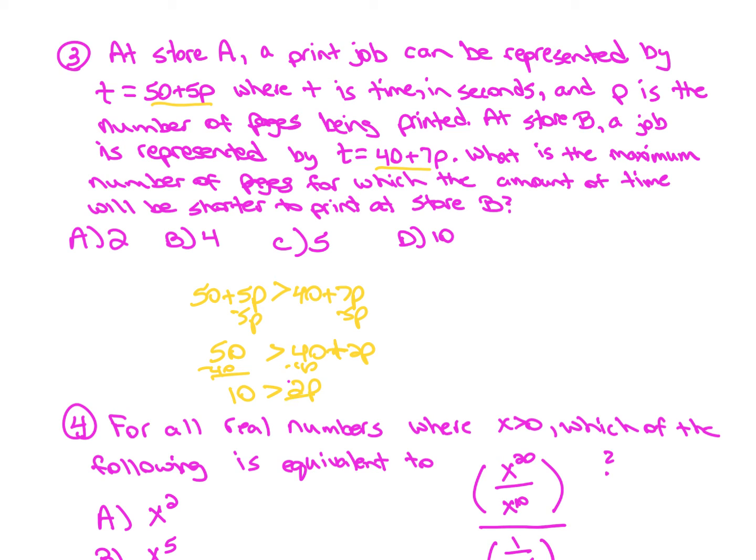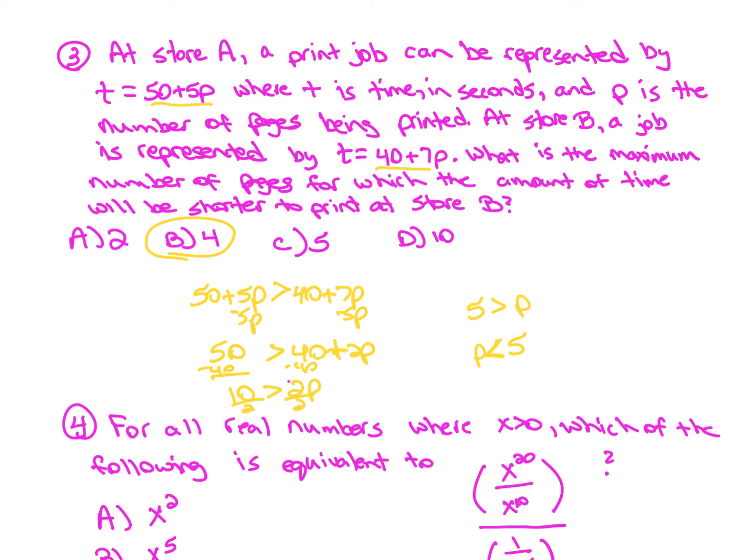Well, then if I just divide each side by 2, I end up with 5 is greater than p, or p is less than 5. So if I need the number of pages to be less than 5, don't choose 5 for your answer. It has to be less than 5. So I'm going to choose one less, which is going to be 4.